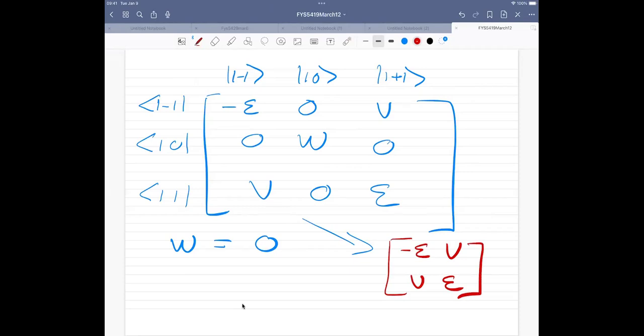So coming back to the project, this matrix which we have, we can rewrite in terms of a Pauli Z matrix plus V times a Pauli X. So for project 1, it's okay if we just put W equal to 0, because that makes life simpler.